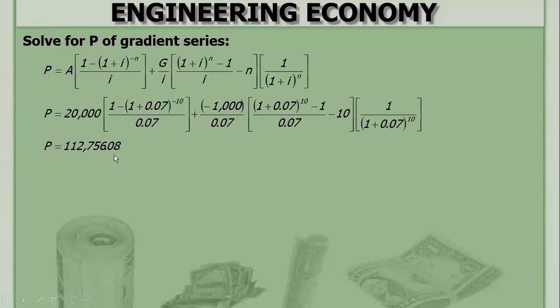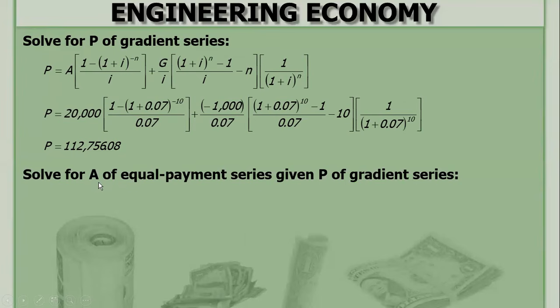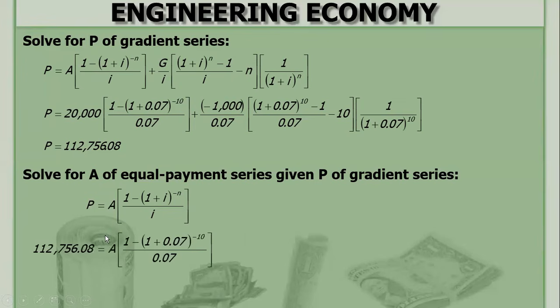112,756.08. Equate this one to the ordinary annuity. So solve for A of the equal payment series given P of the gradient series. We use this formula, P of the ordinary annuity. And then compute this one.